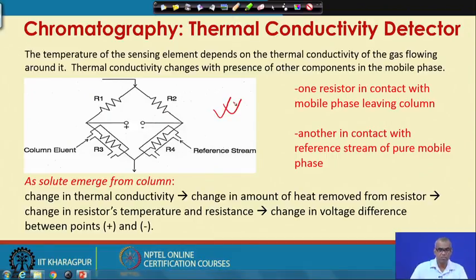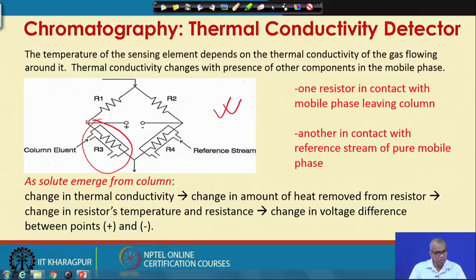Look at this diagram, working on the Wheatstone bridge principle. One resistor is in contact with the mobile phase leaving the column. So, this is the resistor which is in contact with the mobile phase that comes out of the column.